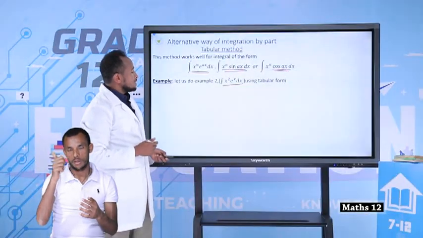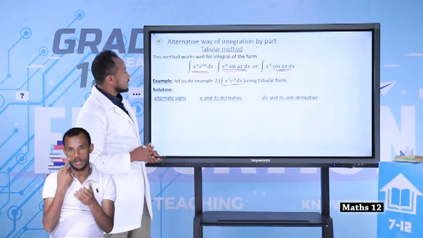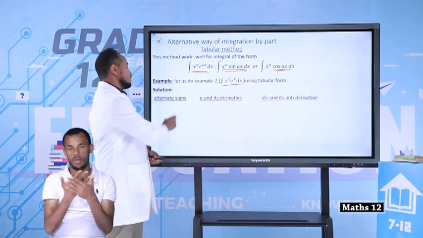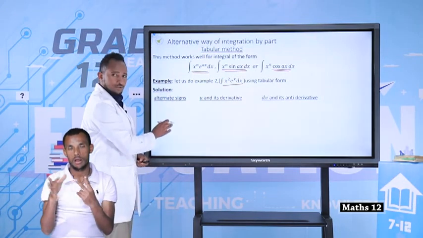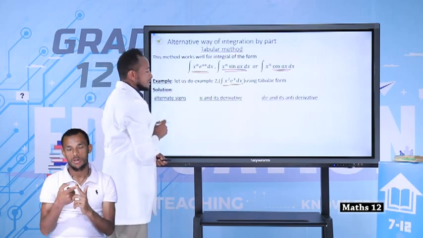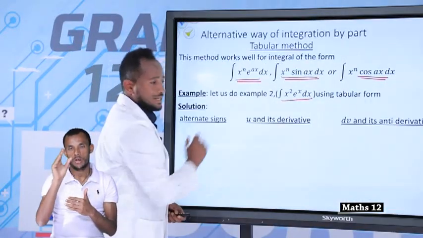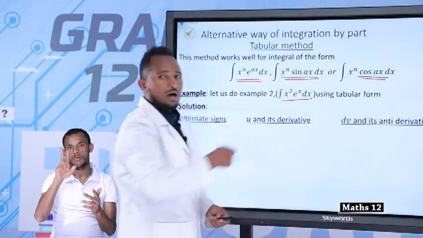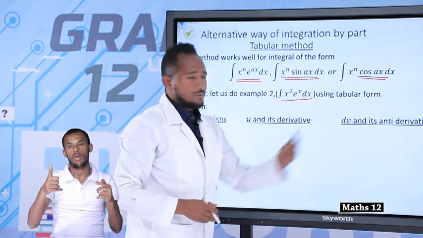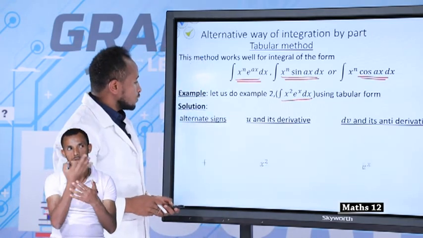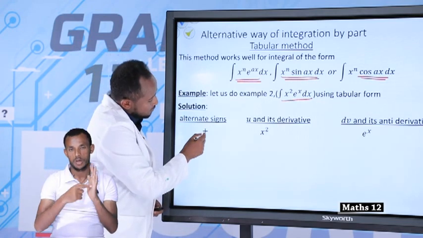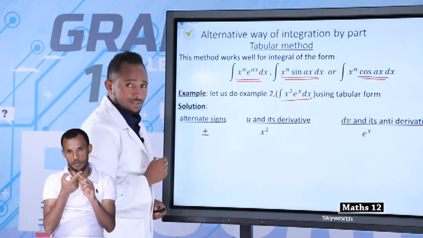To apply this tabular form, you have to put these three things. Here, alternate signs. Next, u and its derivatives will be listed here, and dv and its antiderivatives are listed there. The alternate signs, you have to start from plus.